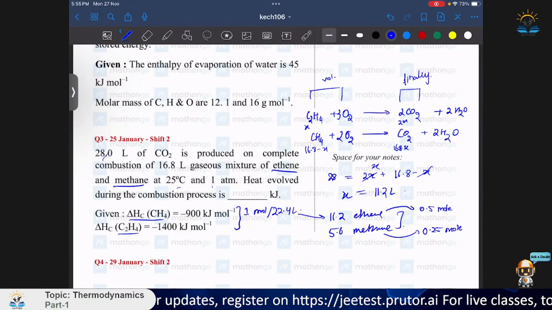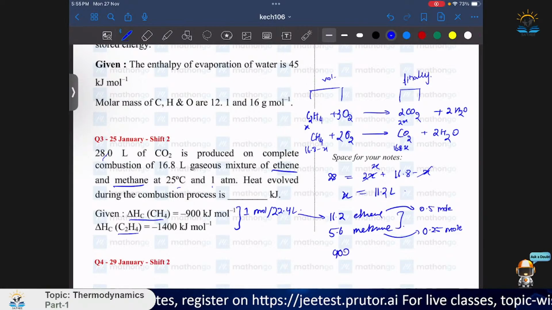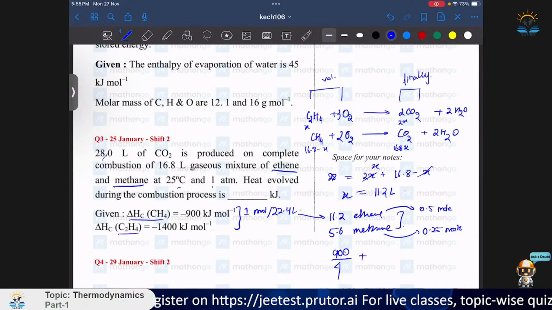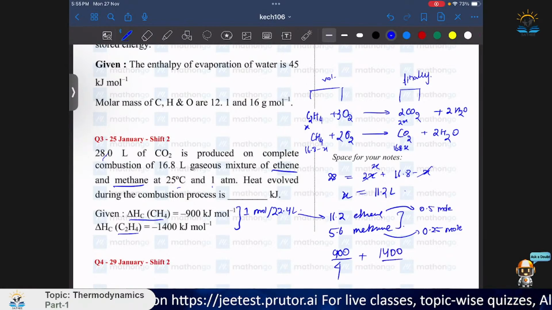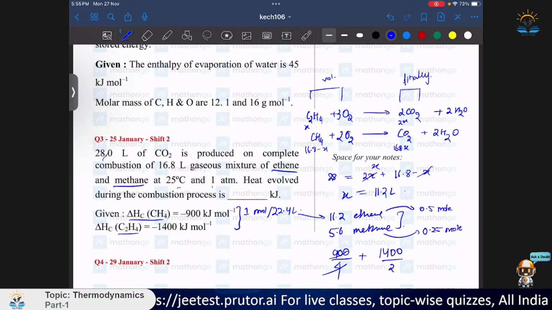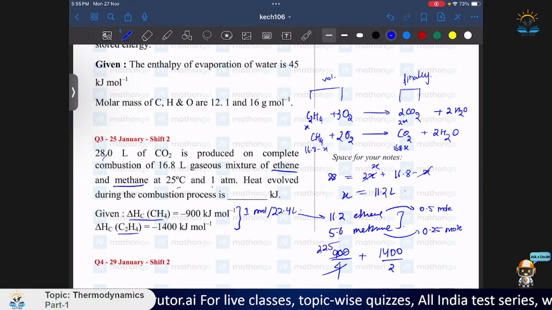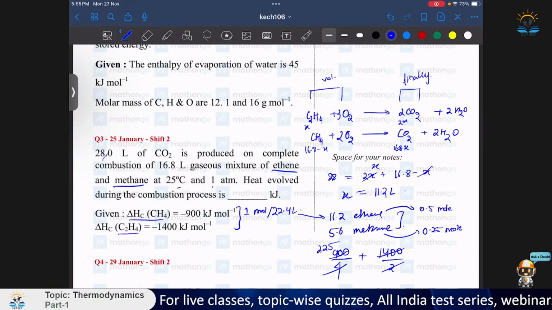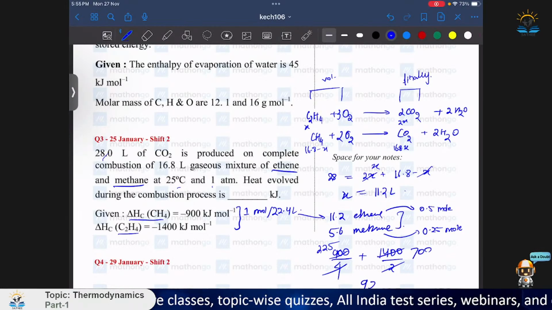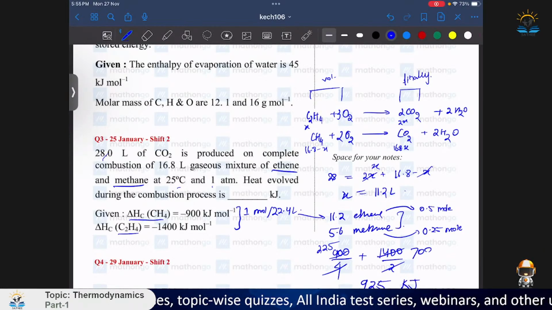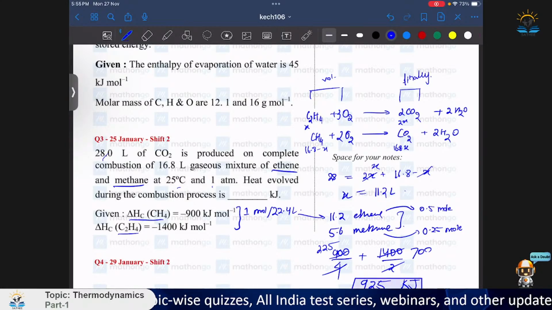So the energy changes will be 900 by 4 and 1400 by 2. 225, 700, totally 925 kilojoules of energy has been released.